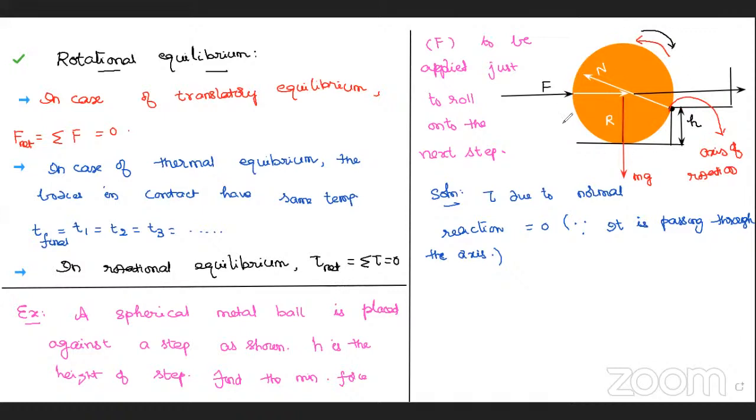Did you understand this point? What I said, the torques due to the two forces. Yes, very good. Then from the axis to the line of action of the force, will you identify the perpendicular distance?